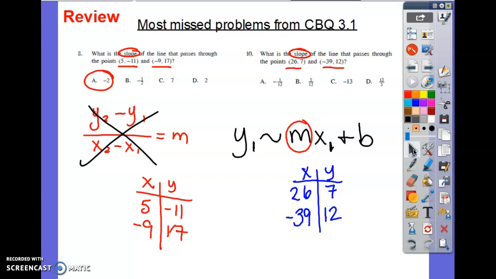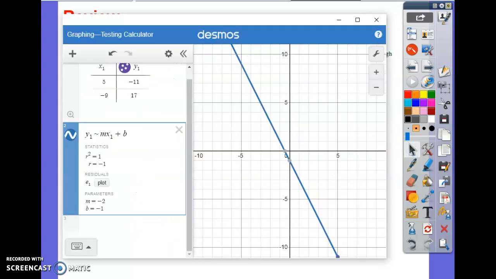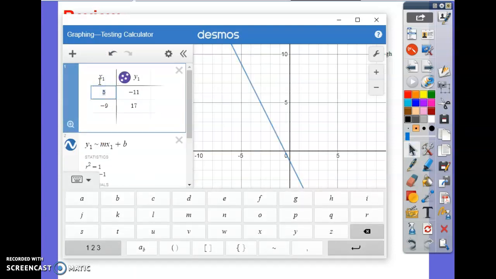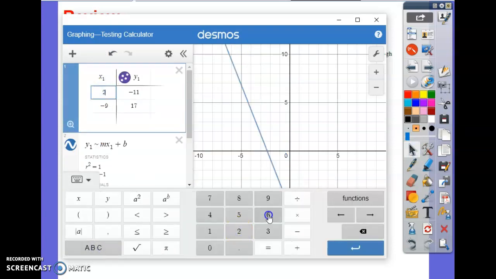So right here, I'm just going to change this to a 26. I'm going to change this to a 7. What's this number? -39. And what's this number? 12.